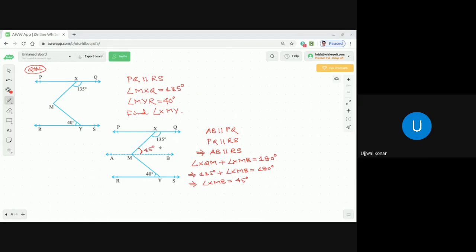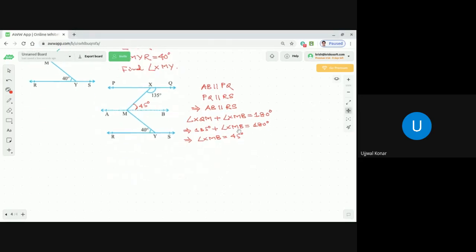Now we can also write that angle BMY is equal to angle MYR.